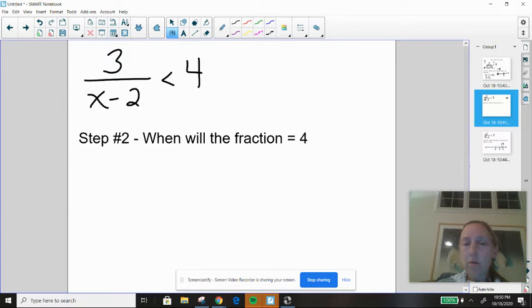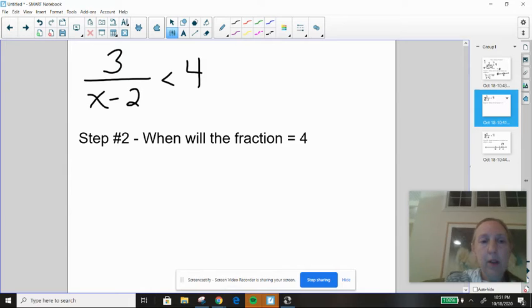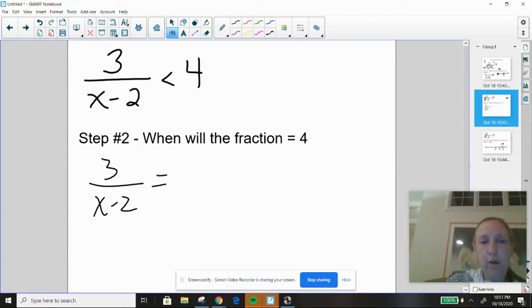Step 2 is figuring out when this fraction is going to equal 4. So again, we can see when it turns from positive to negative, when it hits 4, and then we'll see what we can do with that. So how do I figure out when 3 over x minus 2 is equal to 4? Some people like to put this over 1 so that it looks like a proportion, which it is.